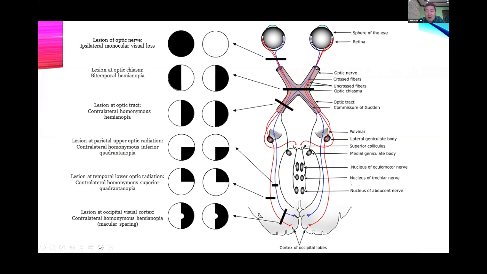Let's try to trace. Look at the arrow, my cursor. Right cortex. The red is the temporal. Trace, trace. Oops, ipsilateral. So dito pala. So I am blind here in the right nasal visual field.